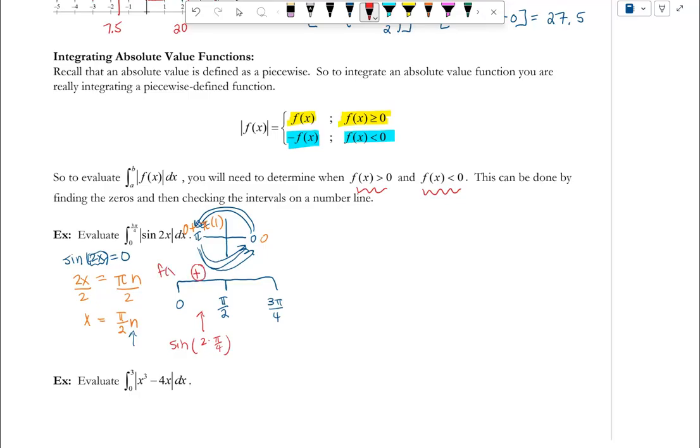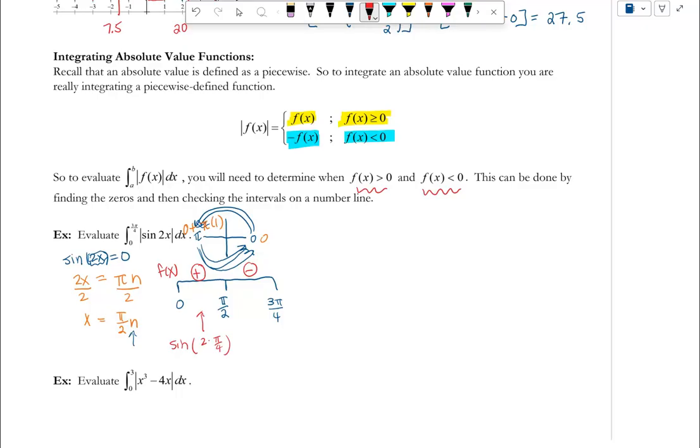So our function is positive from 0 to pi over 2. And then from pi over 2 to 3 pi over 4, again, I could plug in anything on that interval and test it, but that is where our function sine of 2x is going to be negative.